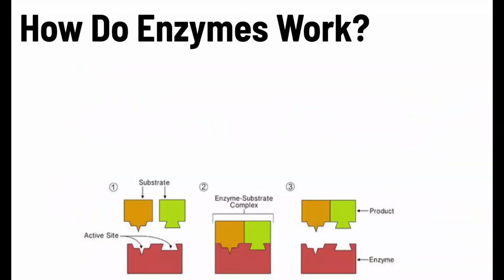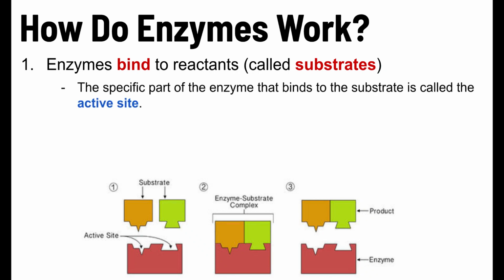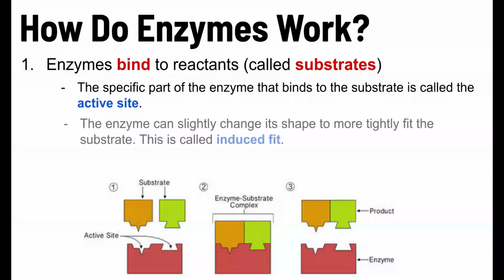Now, how do enzymes work? I'm going to go through three basic steps. The first is enzymes bind to reactants, and these reactants are called substrates. The specific part of the enzyme that binds to the substrate is called the active site, and it's labeled in the image at the bottom of the screen.